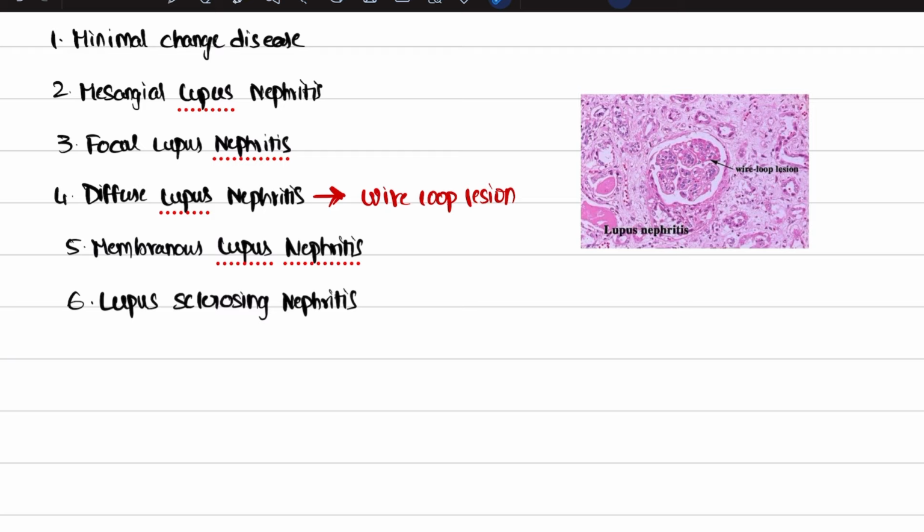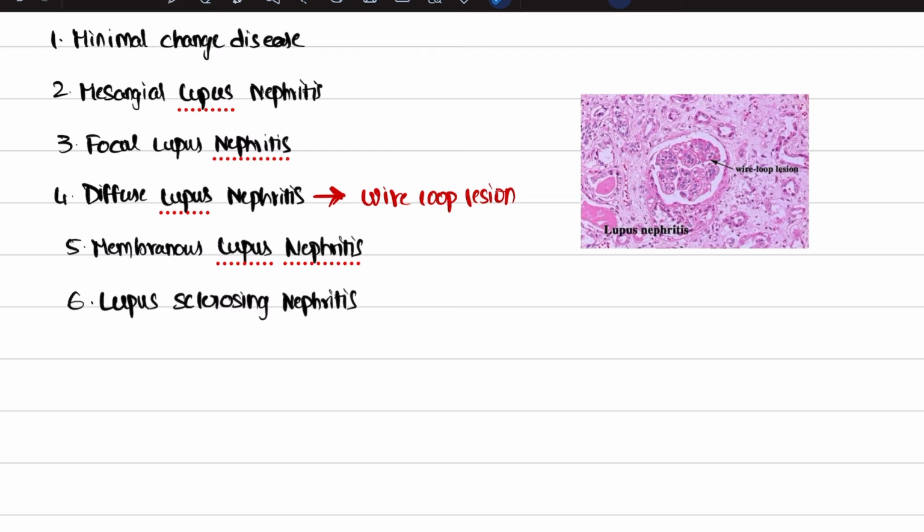This is a wire loop lesion. In a wire loop lesion, you can clearly see a membrane is present. The membrane is very thickened and it looks like wire. This is a wire loop lesion. Don't consider everything as a wire, but here, where the arrow mark is, there is diffuse lupus nephritis with a wire loop lesion. Just remember the name, wire loop lesion.